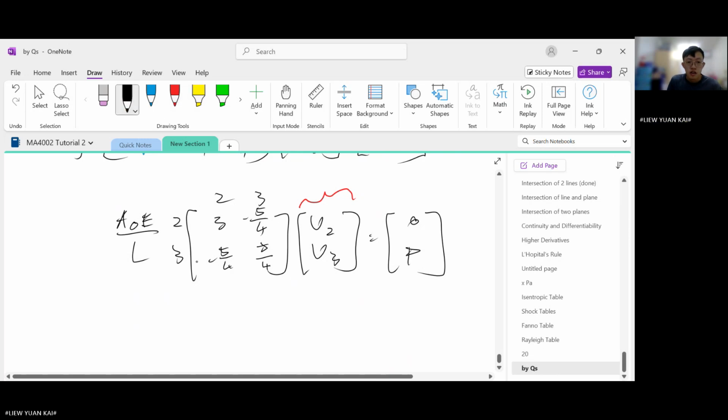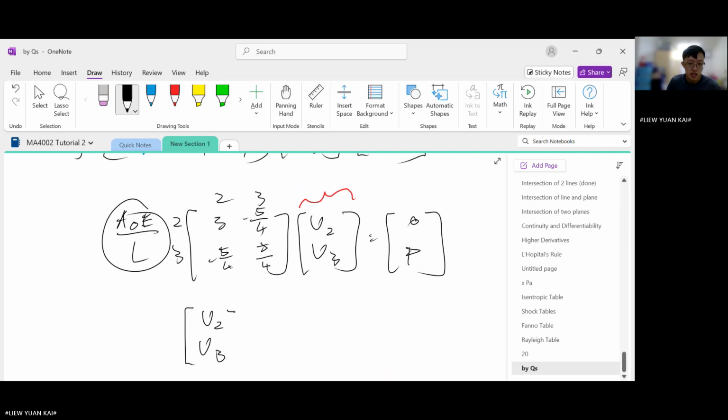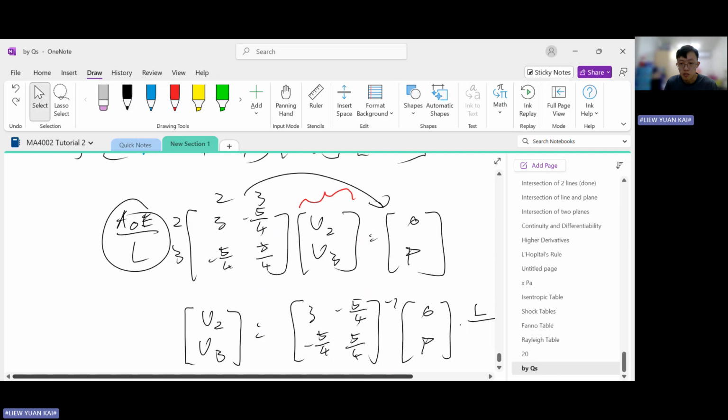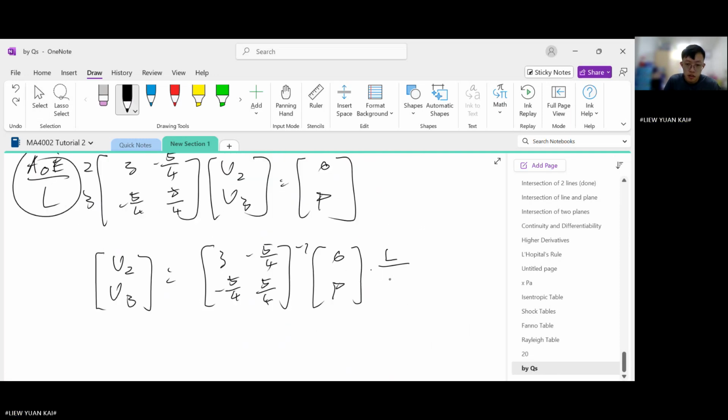How do you do that? First thing you do is move this to the other side. Actually, we can do this all in one shot. If you move the matrix to the other side, it will get inverted. Then if you move this factor to the other side, it will become reciprocal.